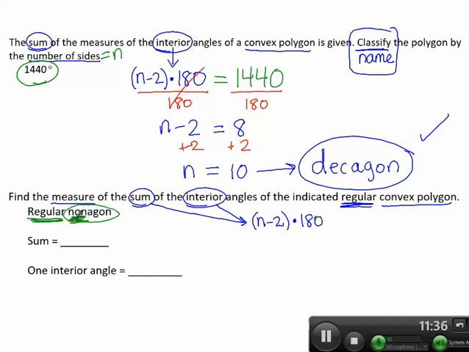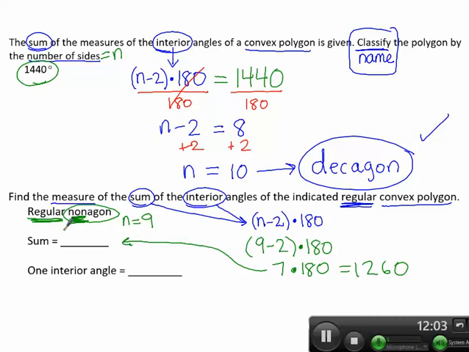Nonagon, non sounds like 9. That's exactly what it is. That means n is 9. The number of sides or angles is 9. So I can plug that in here. 9 minus 2 times 180. I do the 9 minus 2 first. 7 times 180. And that gives me 1,260.